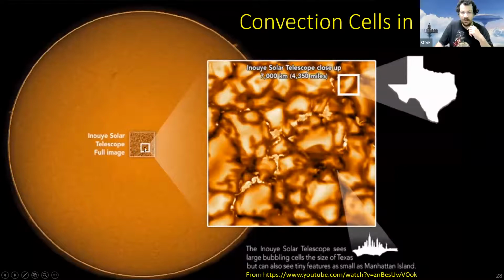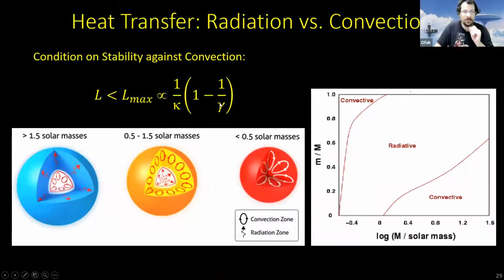What it means for us, I'll get to this in a moment. What it means for us typically is that we can compare this to what actually creates the temperature gradient in a star, which is the luminosity, or the maximal possible luminosity a star can maintain. And that luminosity, again, is related to the adiabatic index and to the opacity.